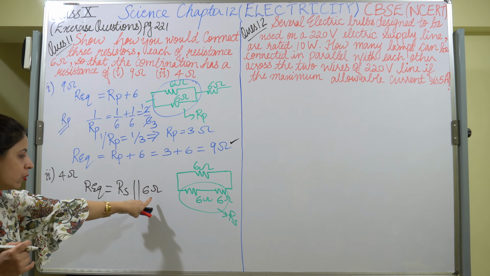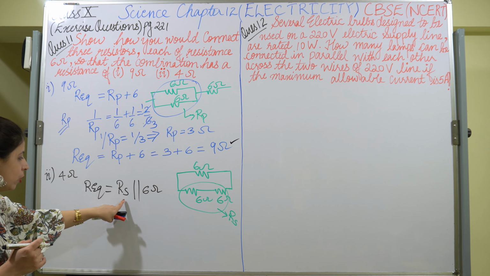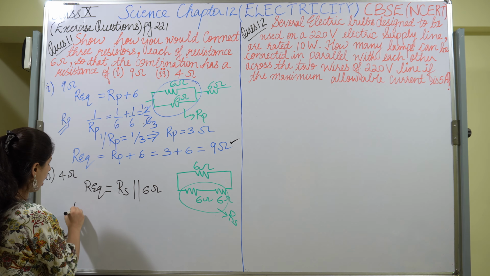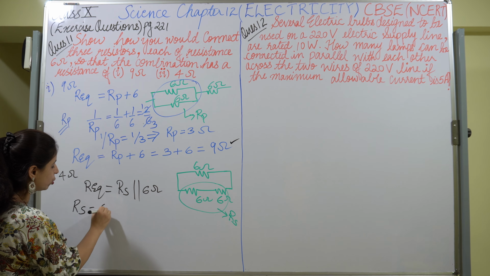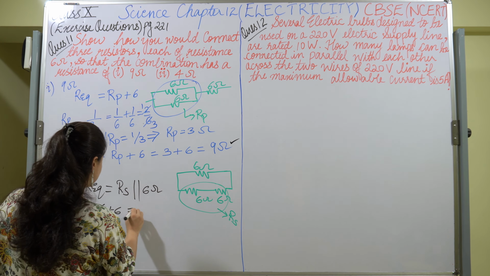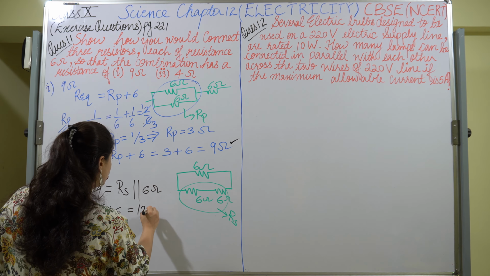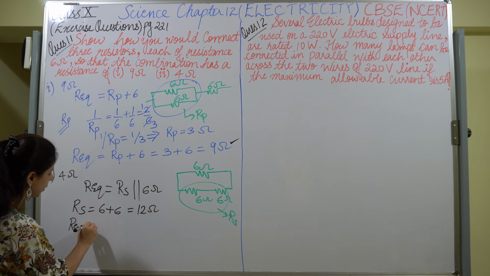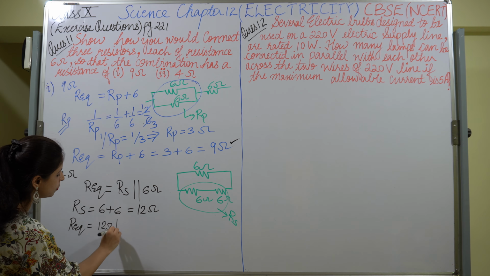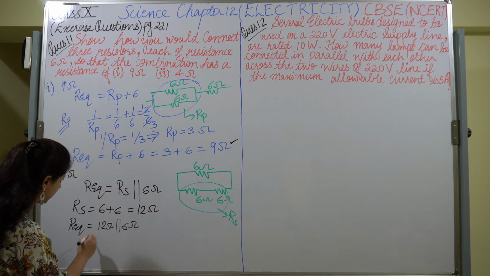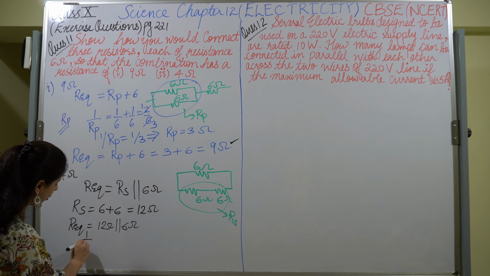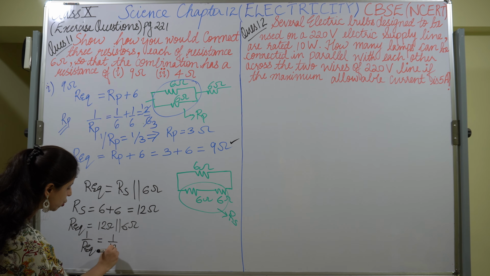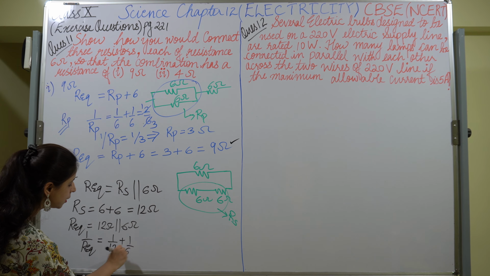So R equivalent will be equal to Rs parallel to 6 ohms. Here Rs, because both of them are in series, gets directly added up, equal to 12 ohms. Now R equivalent is 12 ohms parallel to 6 ohms. That means 1 upon R equivalent will be equal to 1 upon 12 plus 1 upon 6.